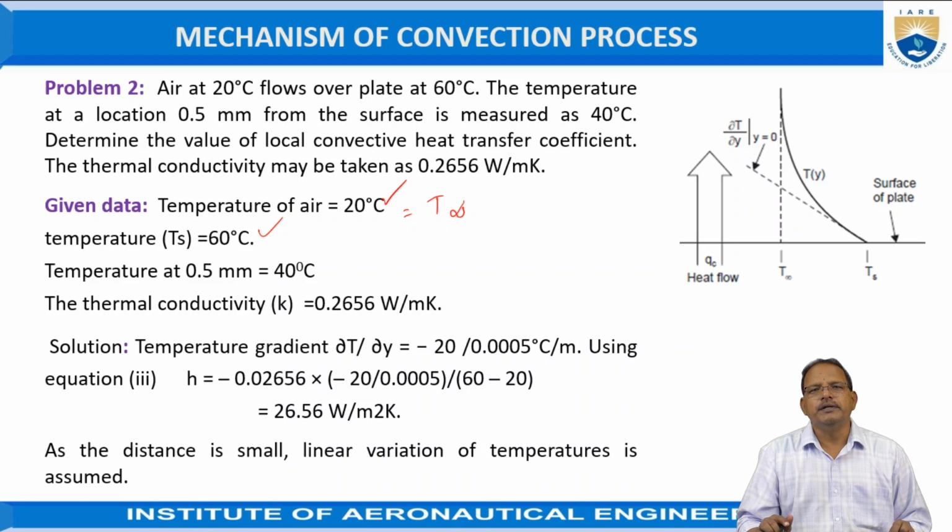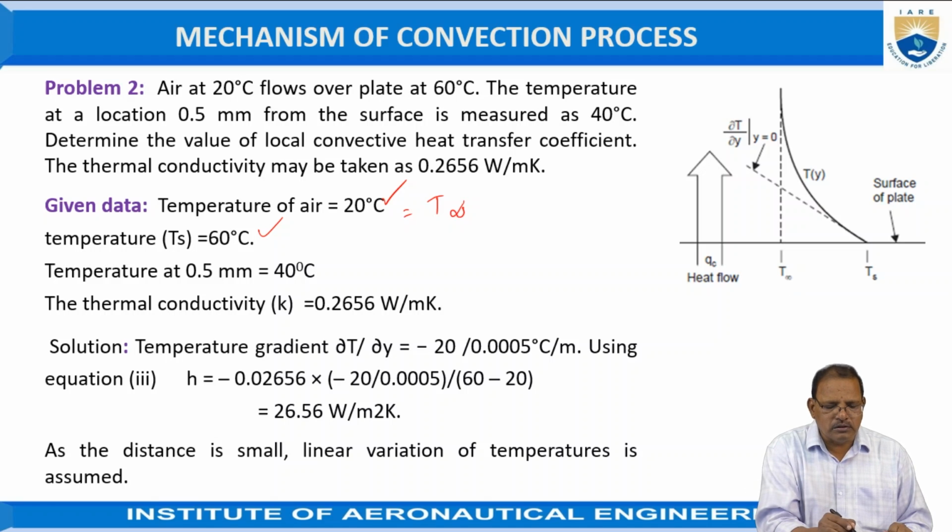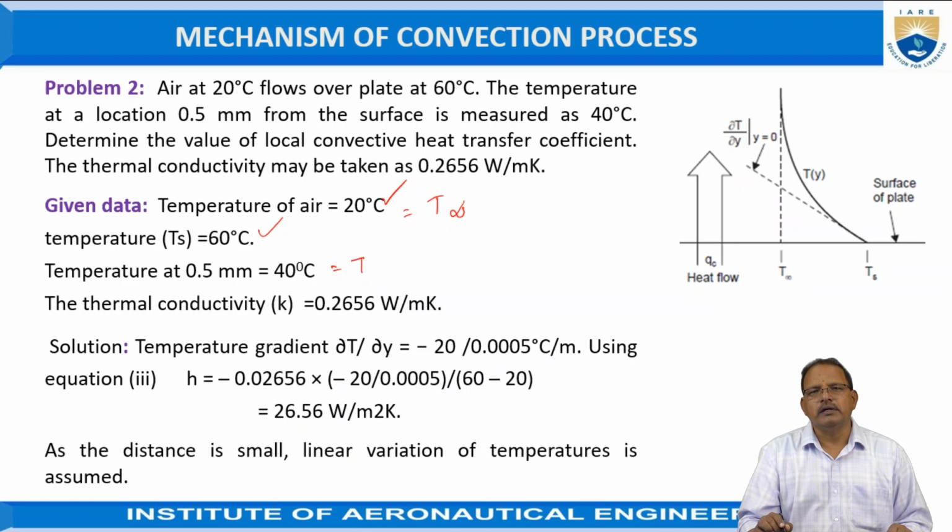Your temperature at a distance of 0.5 mm, that is y is equal to 0.5 mm, is equal to 40 degrees. Here it can be taken as T is equal to 40 degree centigrade now. The thermal conductivity is equal to 0.2656 watts per meter per degree Kelvin.